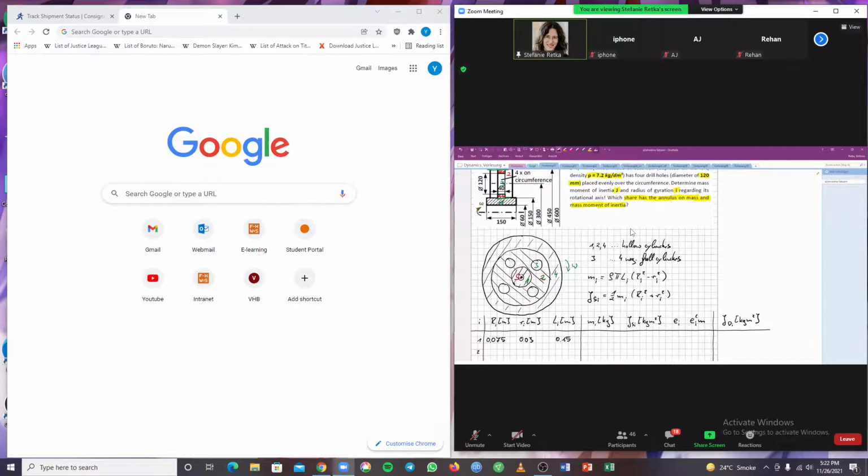Now, when we compute the mass, we have to convert the density from kilogram per cubic decimeter to cubic meter. So it's 7,200 kilogram per cubic meter. And then we can compute the mass, which is 16 kilogram.